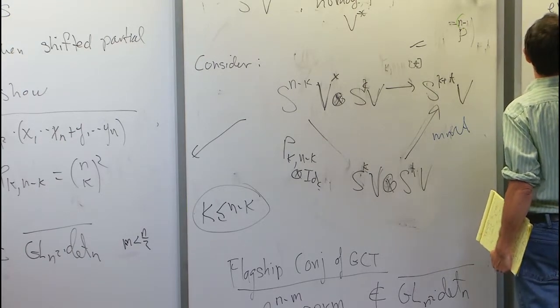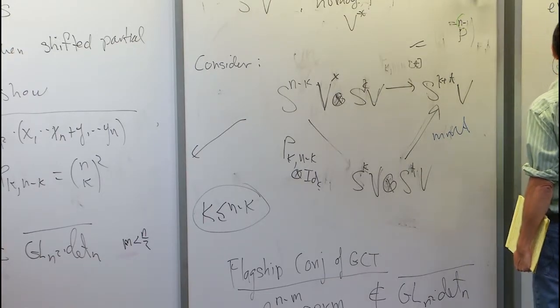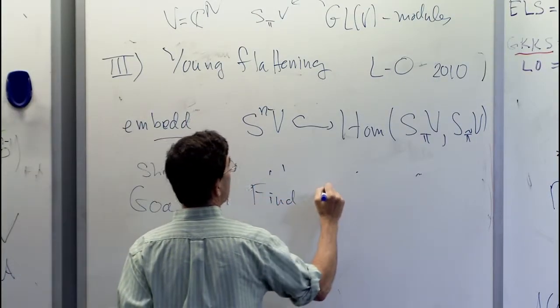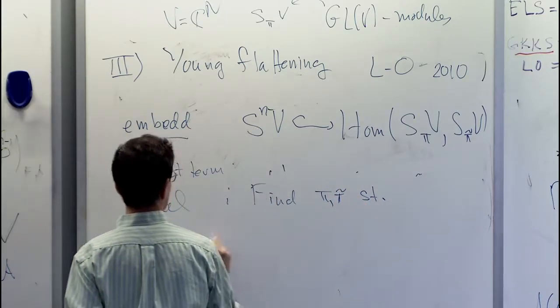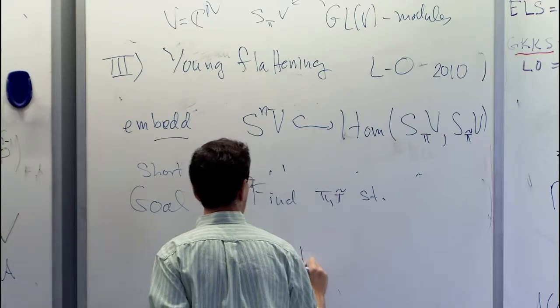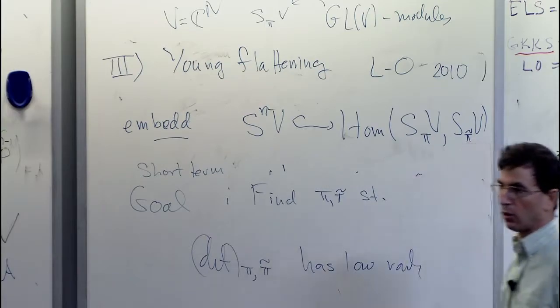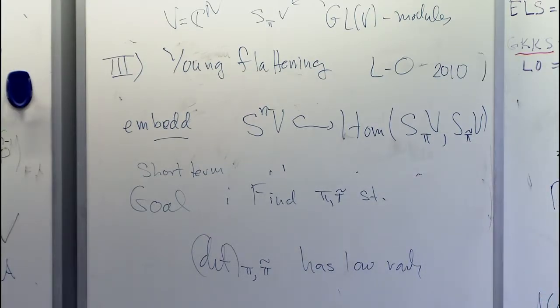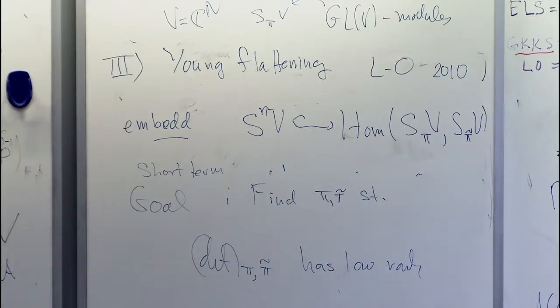So now the goal becomes, the short-term goal is to find pi and pi tilde such that the determinant has low rank under pi tilde. Right? If this linear map has low rank, then you can hopefully prove that something is more generic than the determinant. But yeah.